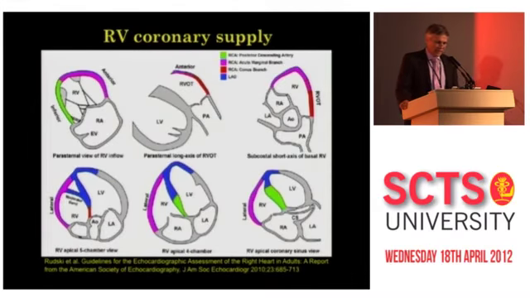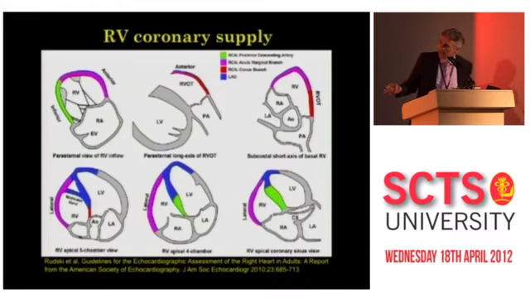Here is an image taken out of the guidelines for echocardiographic assessment of the right heart in adults, published last year by the American Society of Echocardiography. It shows that different parts and different branches of the right coronary artery are supplying the right ventricle, but also parts of the left anterior descending.